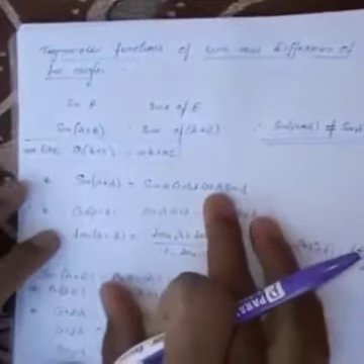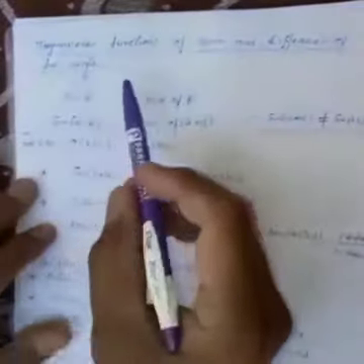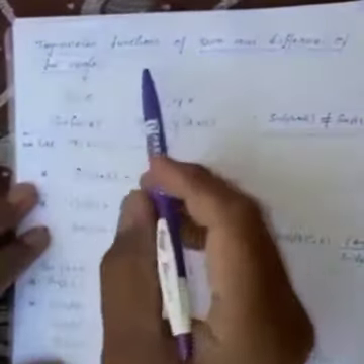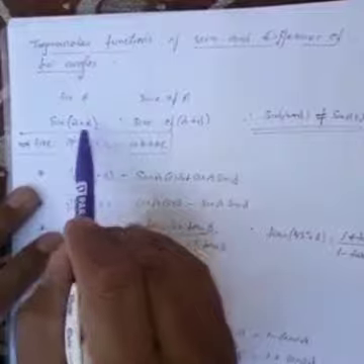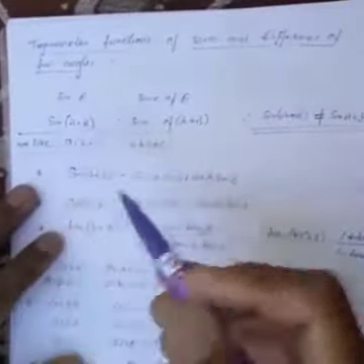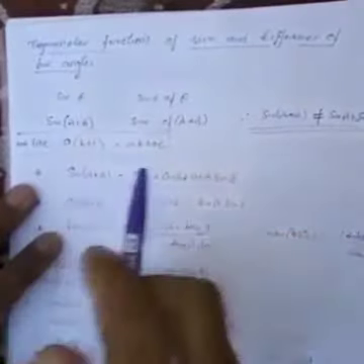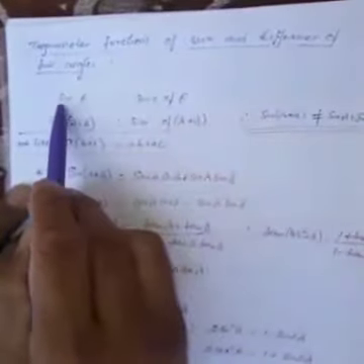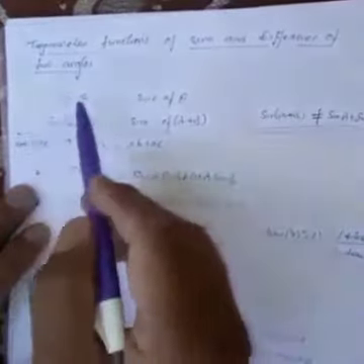Now some trigonometric functions of sum and difference of two angles. Let the angles be A and B. So we have to write t ratios of A plus B or A minus B. First of all, I am writing A plus B. But before writing the results, you must remember it is sine of theta, it is not sine into theta.